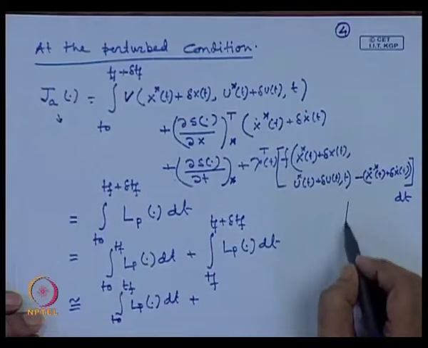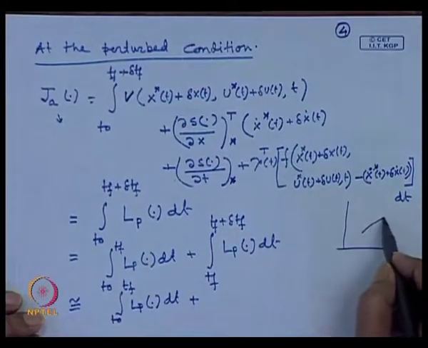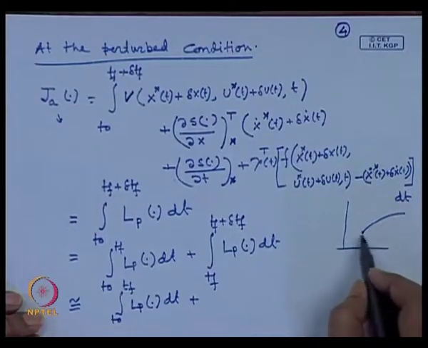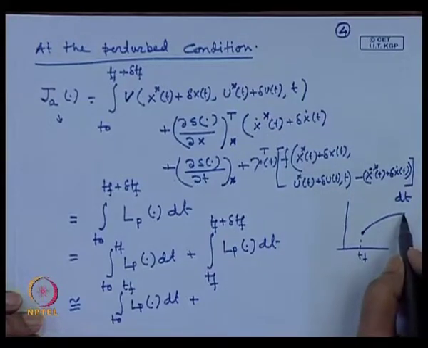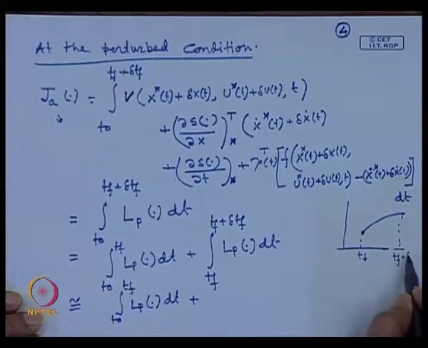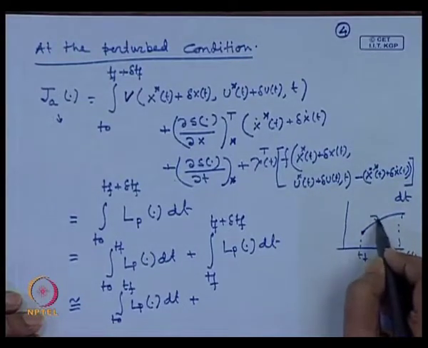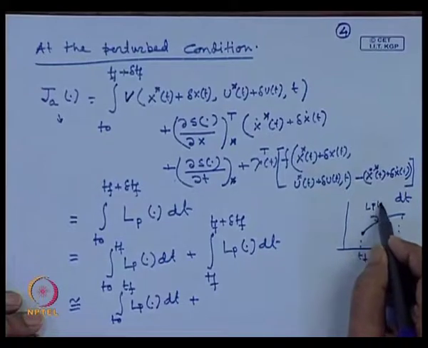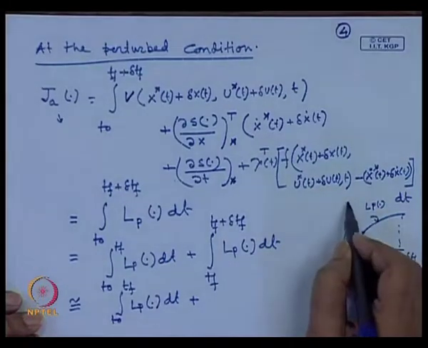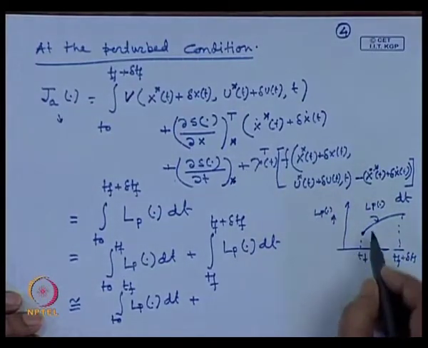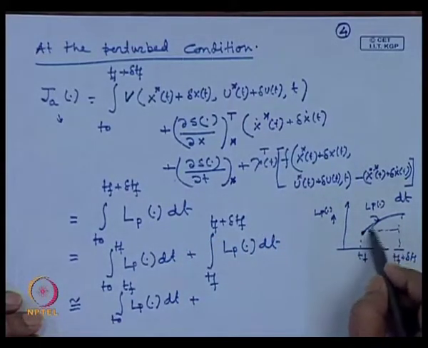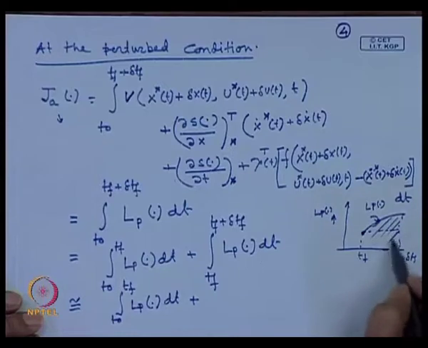If you think of it this way, this is t f, and this is t f plus delta t f, and this is our L p function; I am plotting this function. Now, what is the area under this curve from t f to t f plus delta t f? It is nothing but this whole thing, agree.